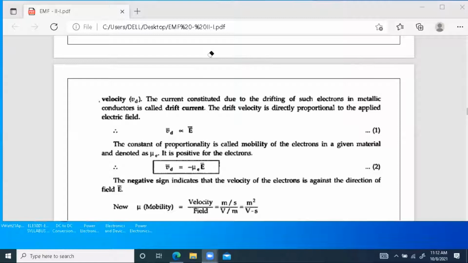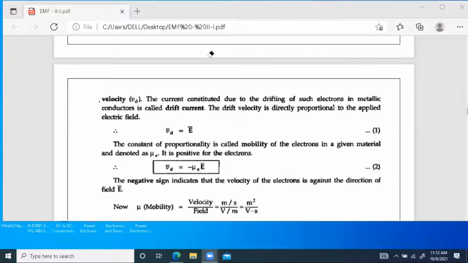So the drift velocity is related to the electric field. In other words, if you have a 10-volt battery and you have a 20-volt battery, the electric field due to the 10-volt is going to be less than due to the 20-volt.